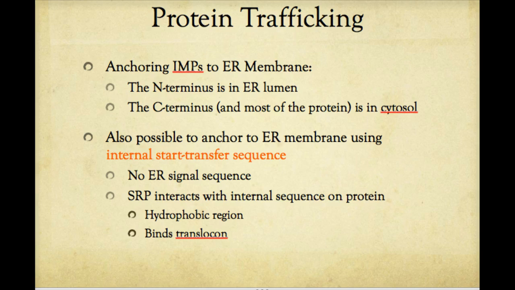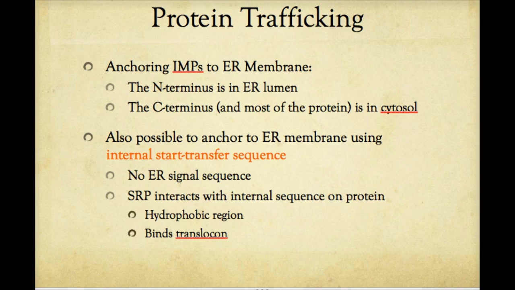These proteins are structurally quite different. They don't have an ER signal sequence. Instead, they have what's called an internal start transfer sequence that looks almost like the ER signal sequence. So it has a very similar sequence of amino acids, but rather than being at the N-terminus of the protein, it's internal.